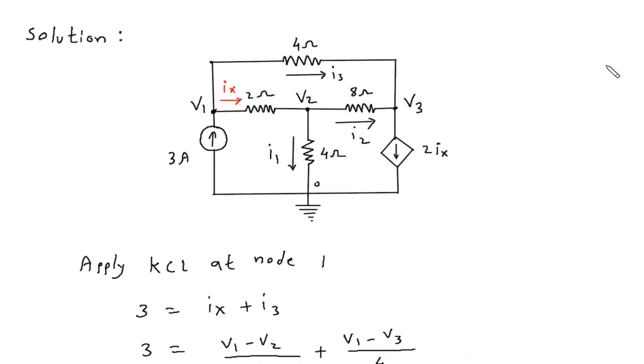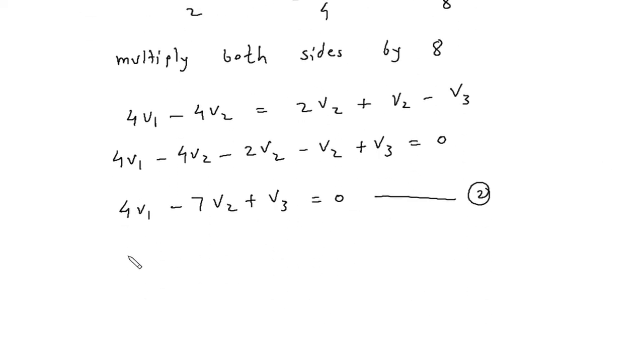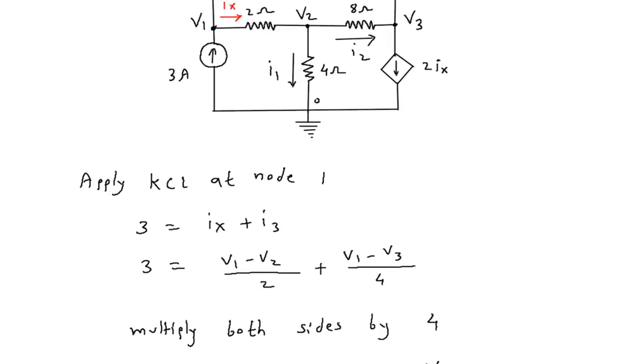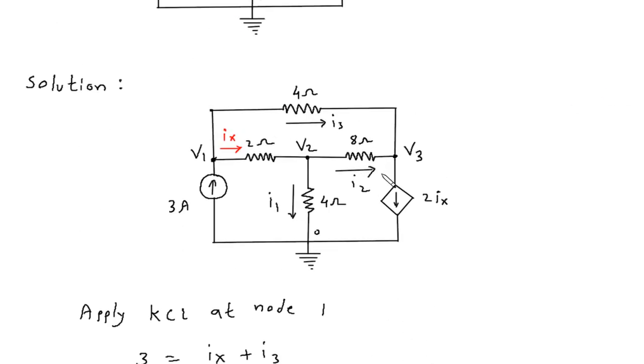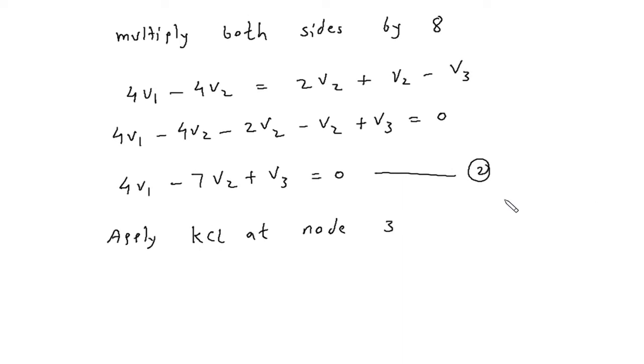Now we will apply KCL at node 3. The entering currents are I3 and I2, and the leaving current is 2Ix. So I3 plus I2 is equal to 2Ix.